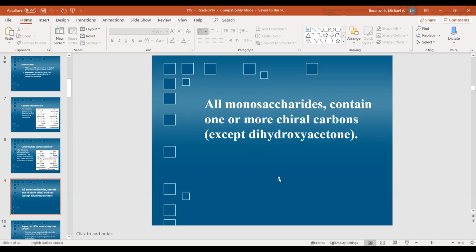There is one compound that's not chiral, and that's dihydroxyacetone.